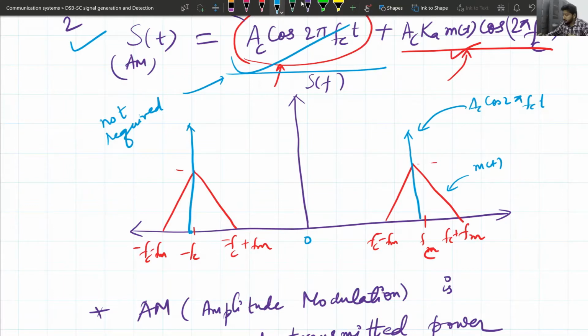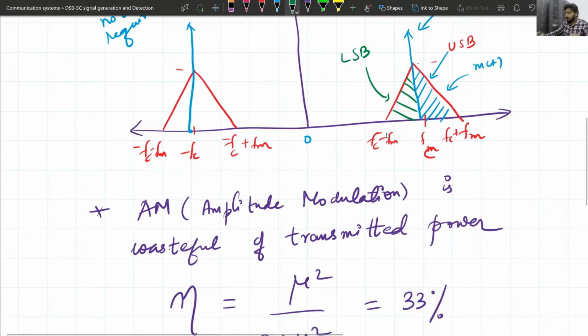See, this is the upper sideband, as we know, and let's say this is the lower sideband, and we can see both the lower sideband and the upper sideband are symmetric to each other.